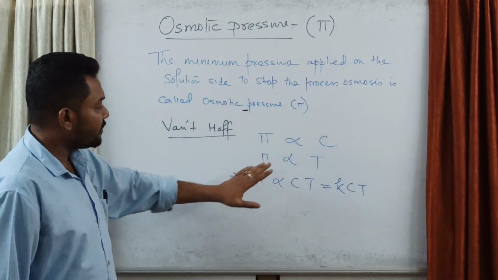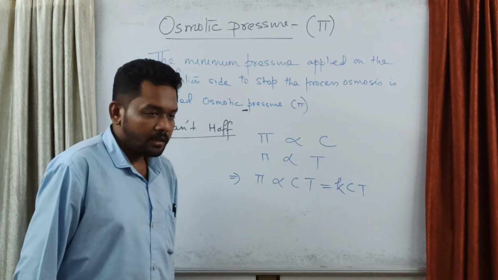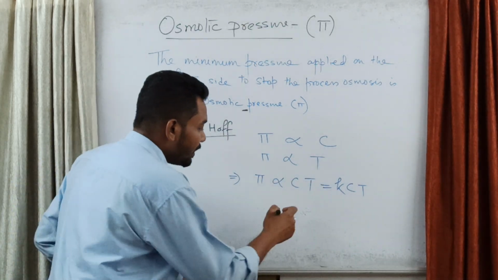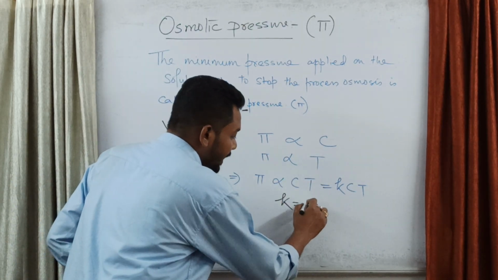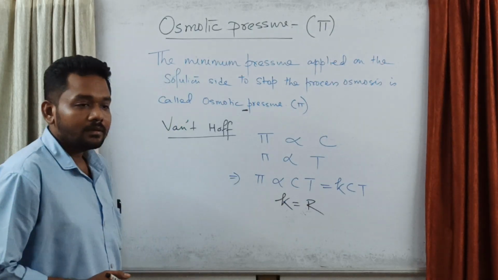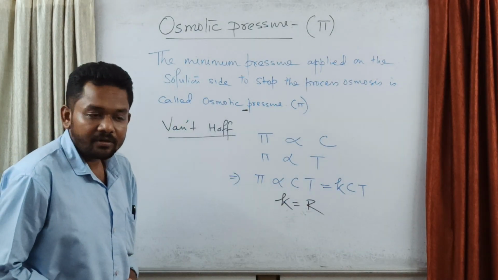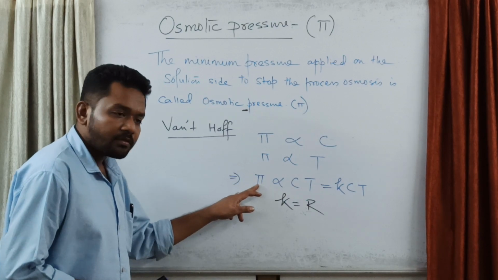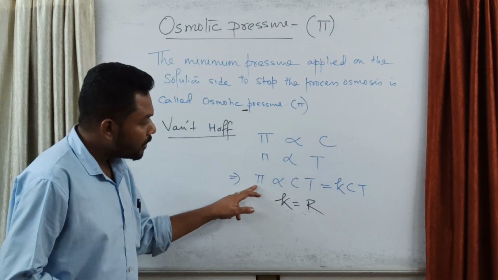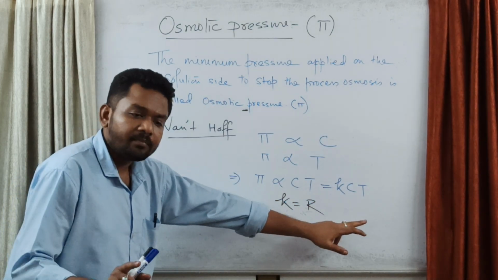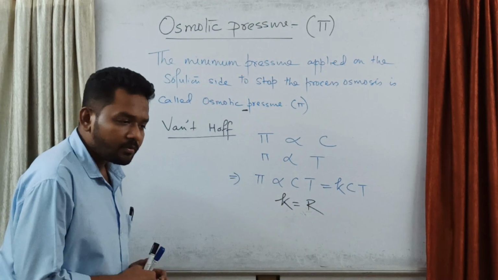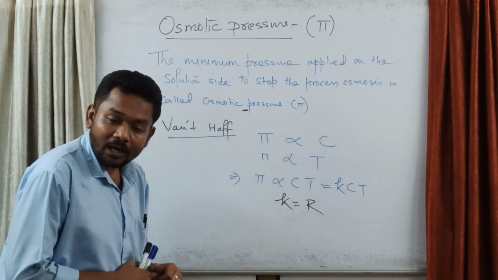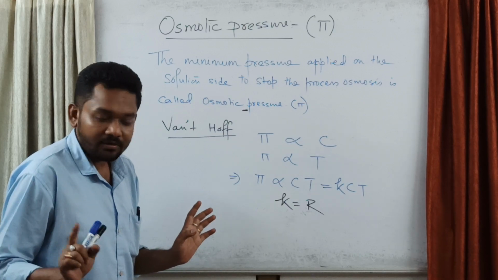He was aware of these three terms, pi, C, and T, and he put these values into this equation, and he found this K value comes out equal to R, that means the universal gas constant. So write down.